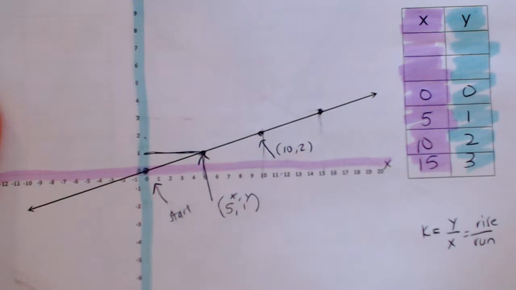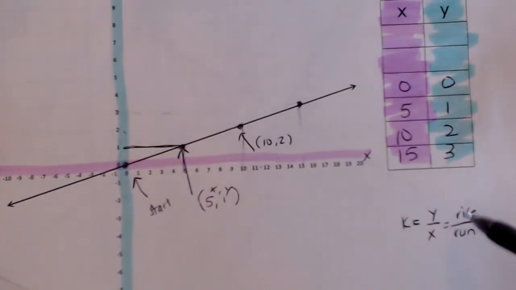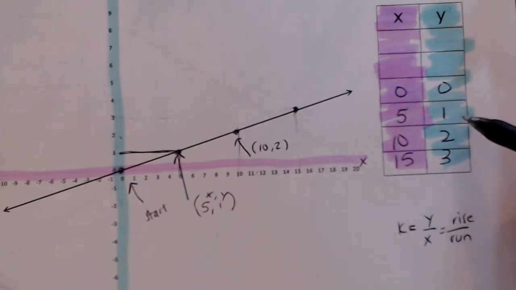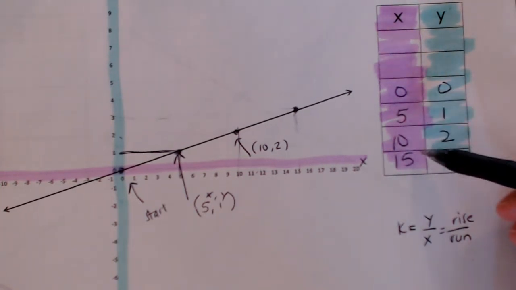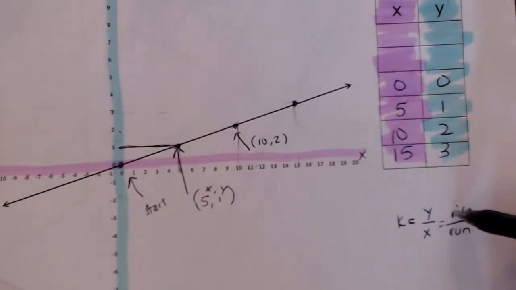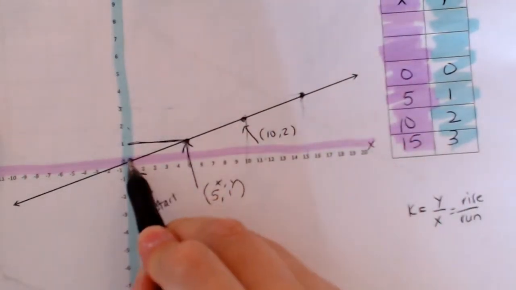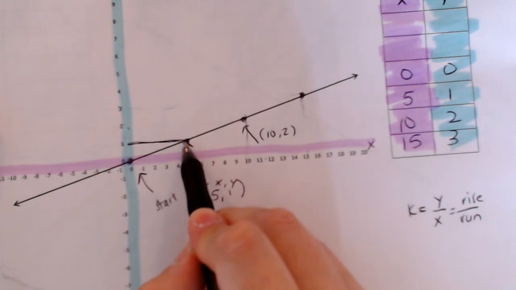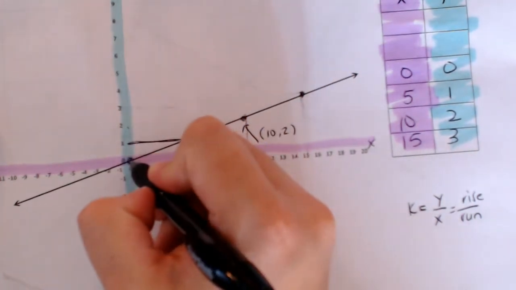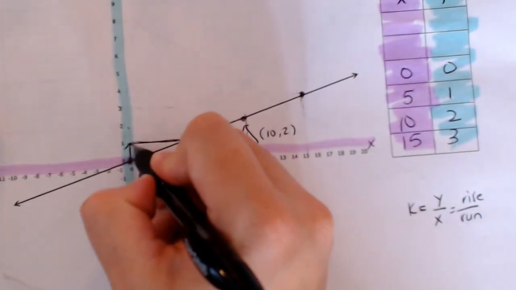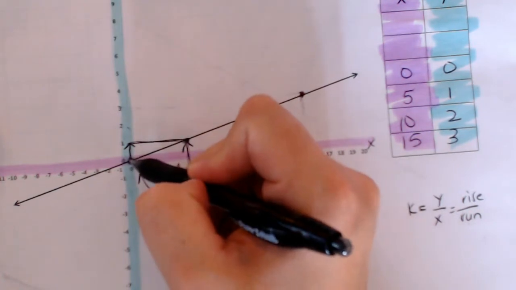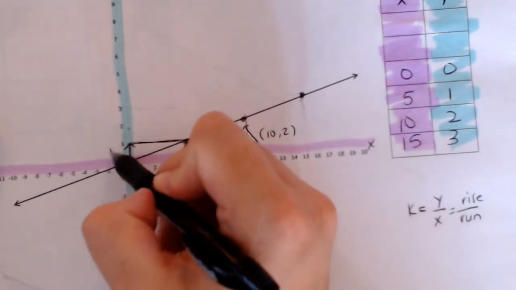Now there are two ways you can find the rise over run, or the COP. You can find the change in values of these, or you can do the rise over the run. How do I get from this point to this point? Well, I went up 1 unit, so from 0 to 1 is 1.